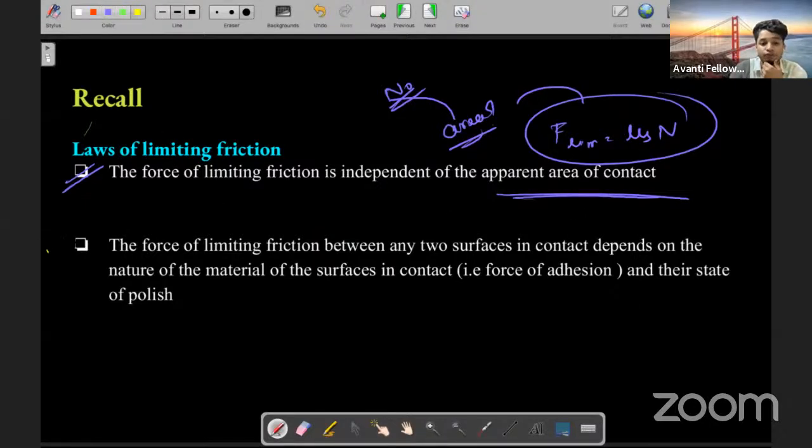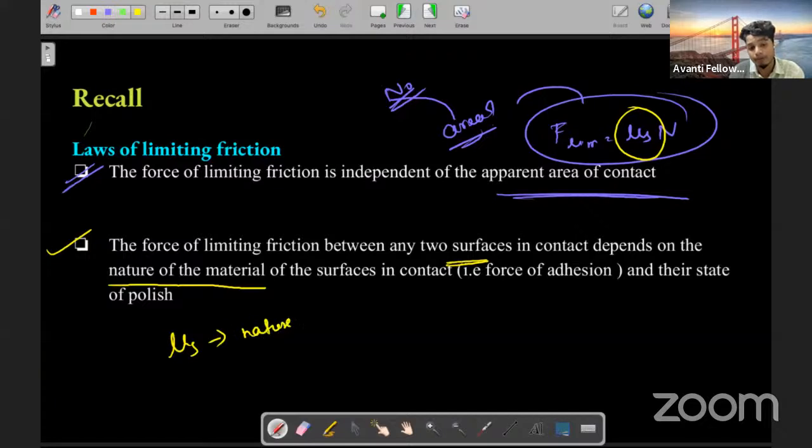Then, the force of limiting friction between two surfaces in contact depends on the nature of the material. As I said, why? Because mu s, the coefficient of static friction, depends on the nature of the material and the two surfaces that are in contact and their state of polish.